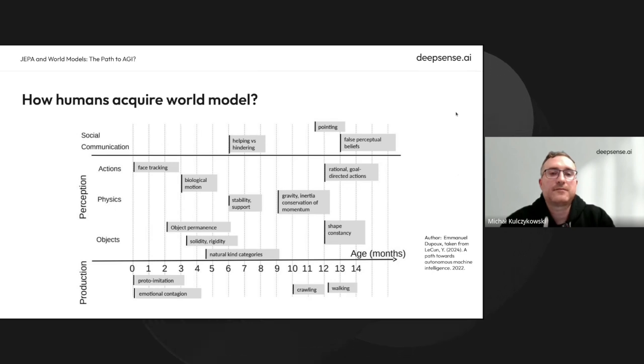And as we can see, even a small child before 6 months of life already understands object permanence, and before 12 months of life understands gravity and conservation of momentum. So what is really important here is that we acquire all this world reasoning using a massive self-supervision approach. So that's what we need for world models.